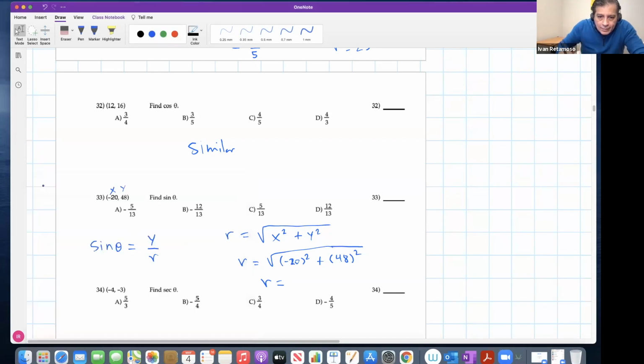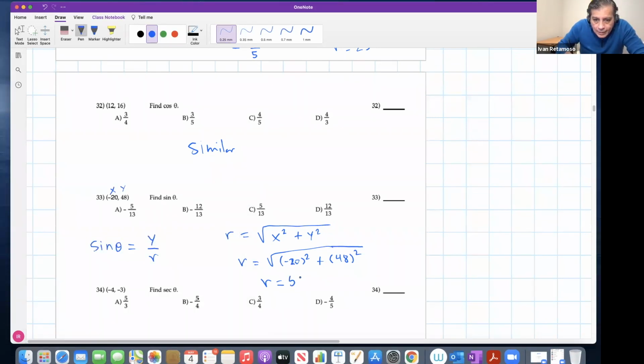So let's take that 52 and put it in here. So sine of theta will be Y, which is 48, over 52. Simplify this: divide both by 6, for example, or by 2, perhaps better.